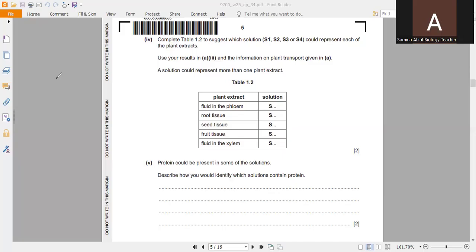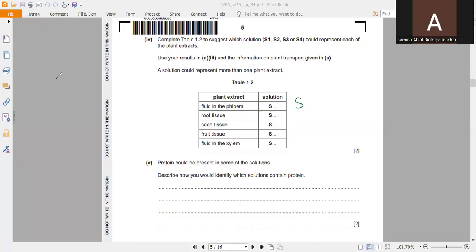Before going about this, the fluid in the phloem, I already told you that the sucrose or non-reducing sugar is there, and it should give a positive result for non-reducing sugar and negative for reducing sugar, and starch is also negative.